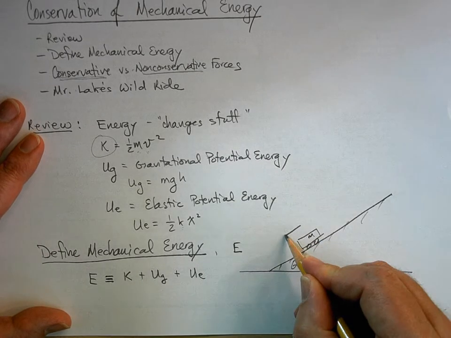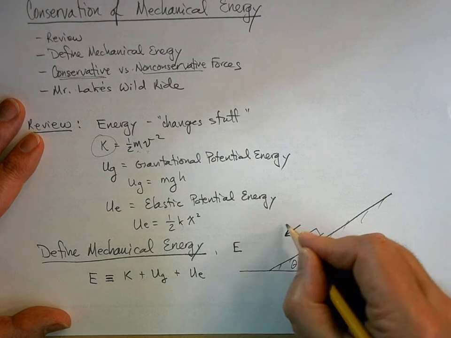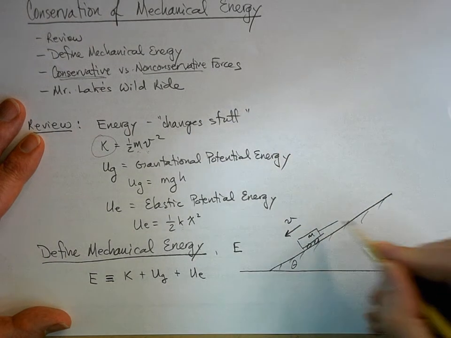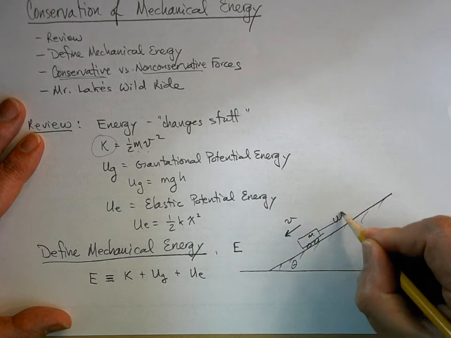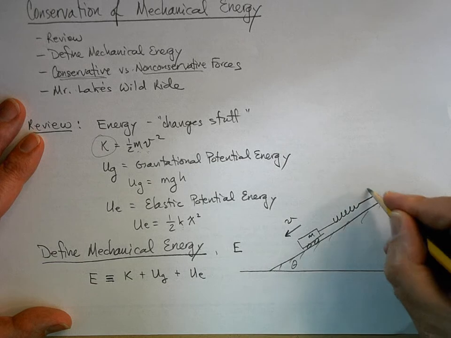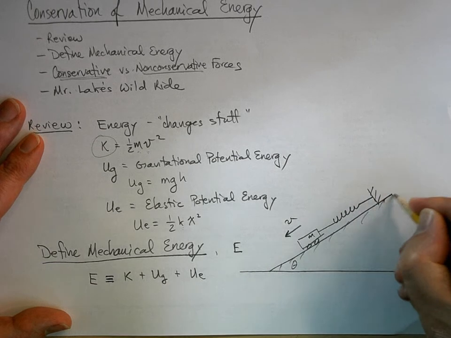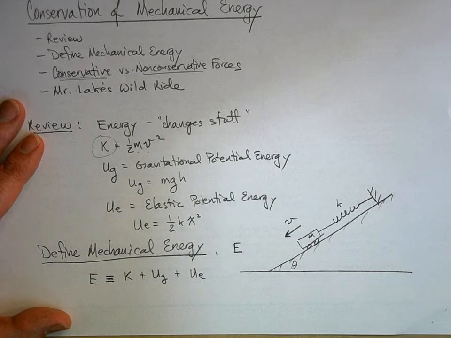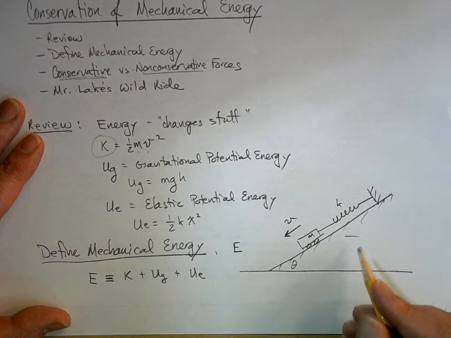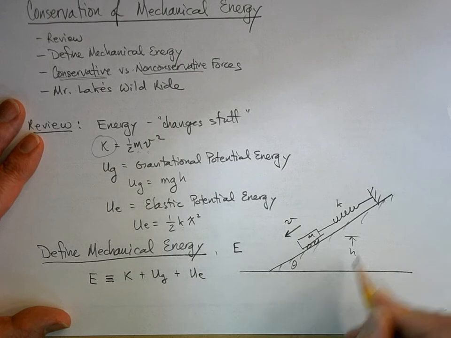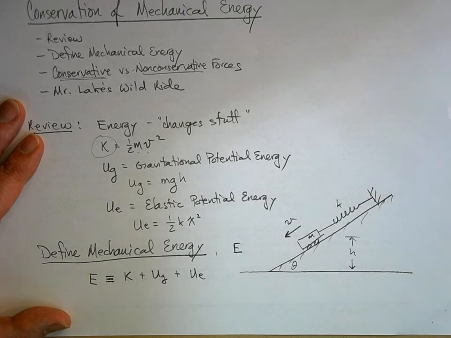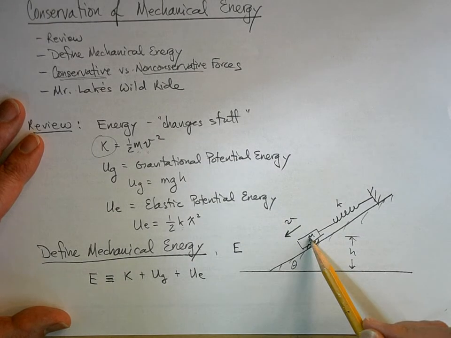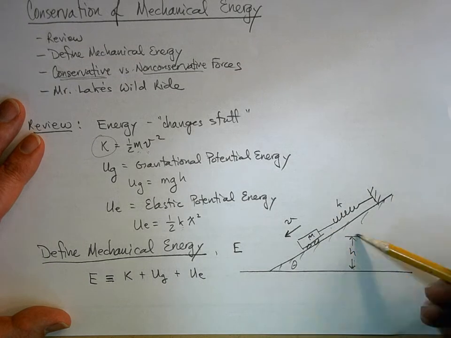Let's say it's moving down the track, so it has velocity. Let's say it's anchored to a spring like this, and it's stretched that spring. That spring has a spring constant of k. Also, it has a certain height above the ground, above our reference. So this thing is moving, it's stretched a spring, and it has height above the ground.